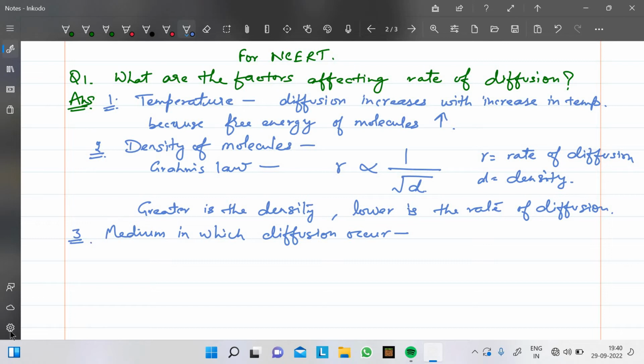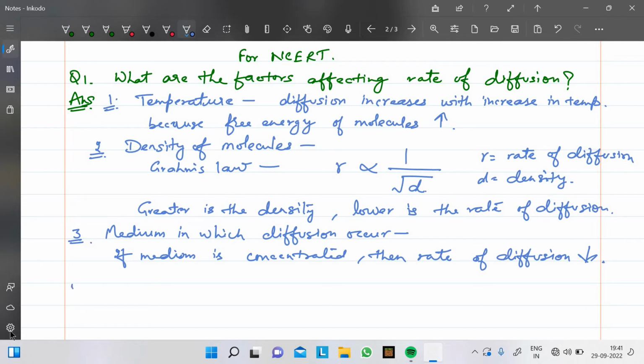I told you in my lecture: if the medium is concentrated, then the rate of diffusion decreases. Clear?